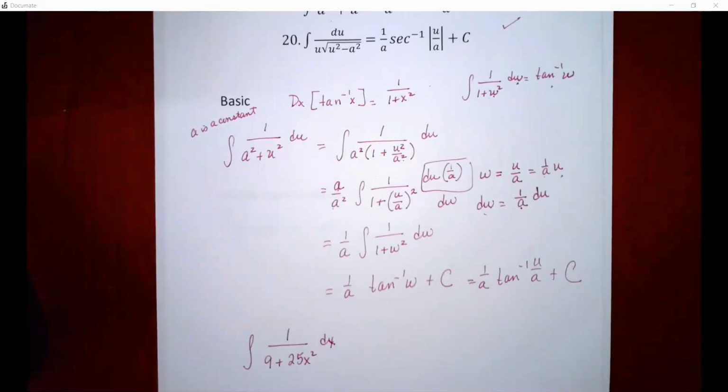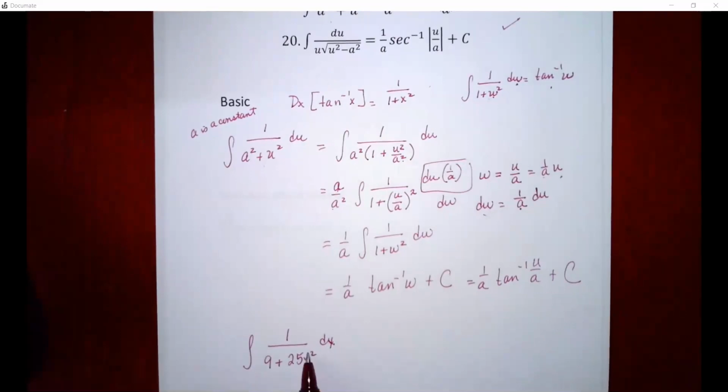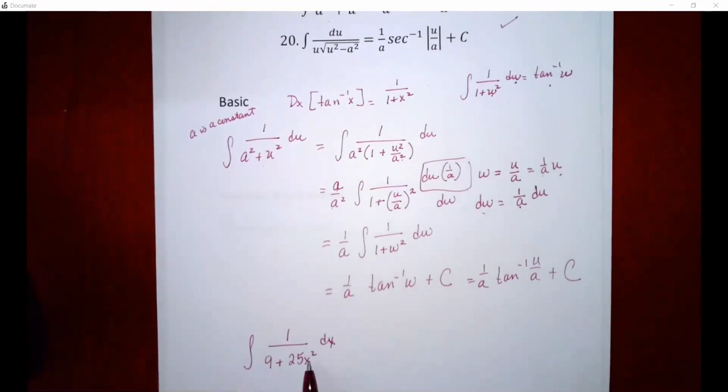Tangent. Why? Well, first of all, we don't have a square root here, right? But the bigger thing is that we have the constant and the variable expression being added to each other. In both the arc sine and the arc secant formula, those have a subtraction sign.